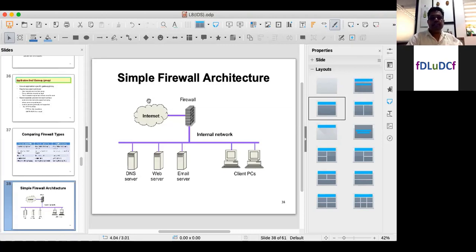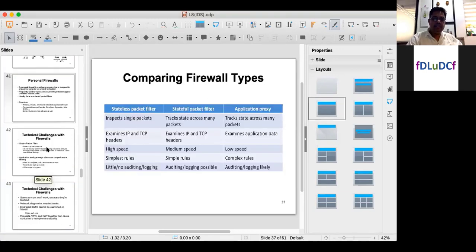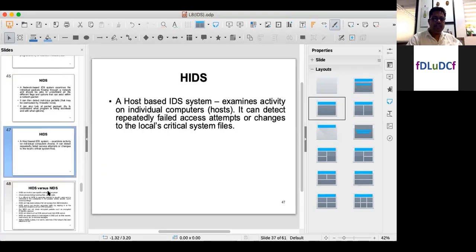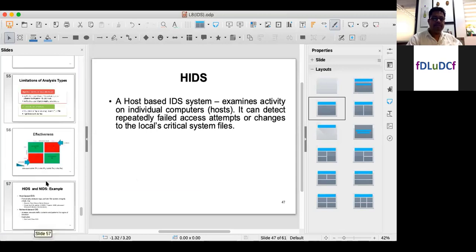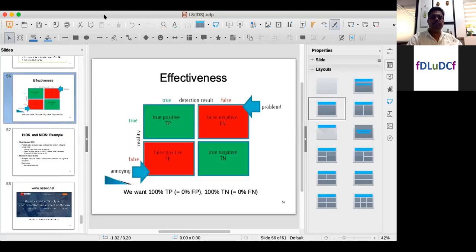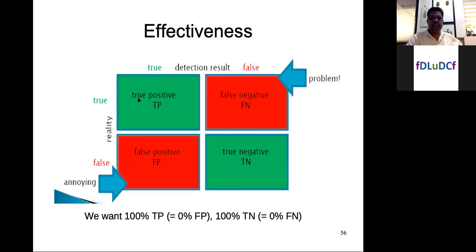And then there was a question from Vipul, please explain once again false positive, false negative. Okay, I will explain that. It's on a slide number somewhere down. Don't confuse too much about it. You see, it's in the detection results. Here, true means we detect it, false means we don't detect it. And this is reality.